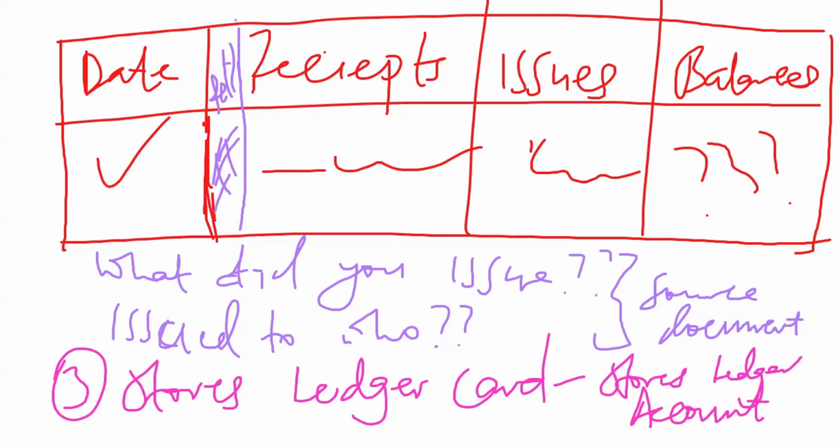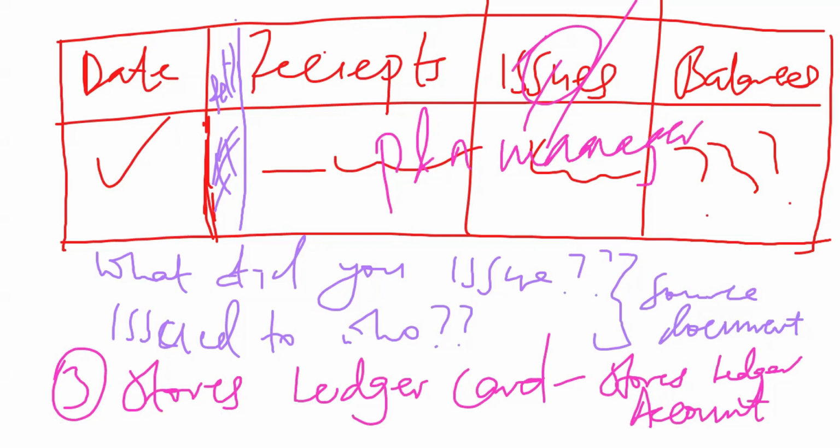Because you will be issuing out raw materials, we need to put in a value, because these raw materials were taken by the production manager, and the production manager is going to produce goods. So we need to know the value of the goods they have taken so that we can cost the products that we are producing out of the raw materials that we've used.